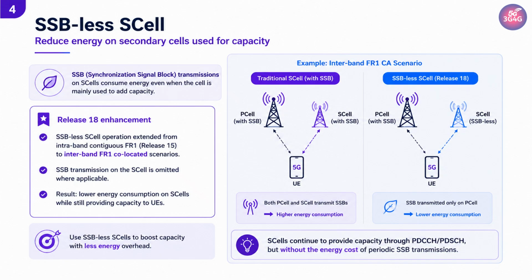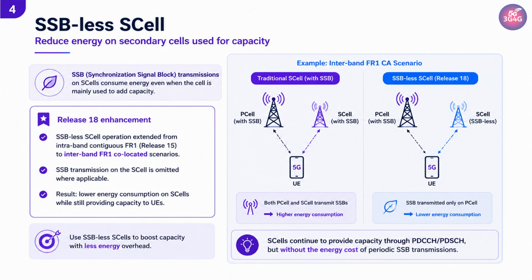Release 18 extends the ability to use SSB-less secondary cells in certain scenarios, including interband FR1 co-located carrier aggregation cases. The idea is simple. If the SCell is mainly used as a capacity layer and the UE can rely on the primary cell for essential synchronization and coverage support, then the SCell may not need to transmit its own SSBs in the same way.